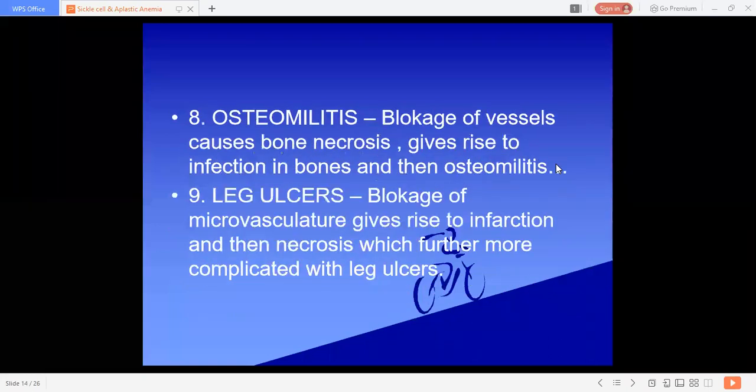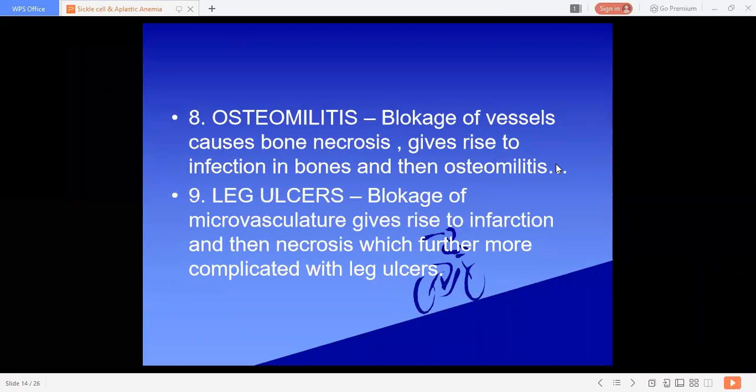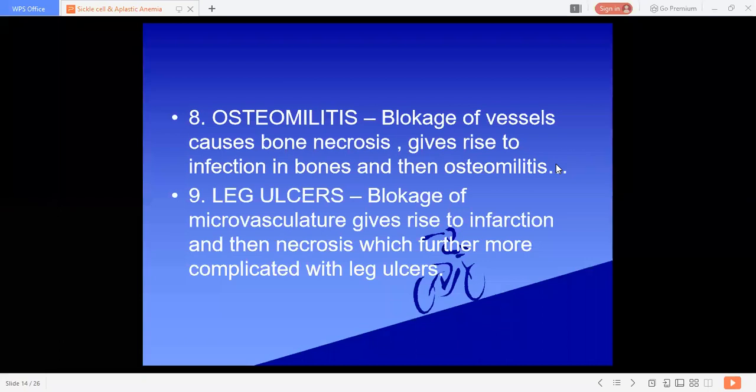Then the next symptom is osteomyelitis. Blockage of vessels causes bone necrosis, which gives rise to infection in the bones, and then osteomyelitis, that is infective pathology in the bone, and it happens due to blockage of the vessels. Why do these vessels get blocked? Due to sickle cells. They get accumulated. They could not squeeze out or pass with normal flow. So the flow of the blood becomes very slow.